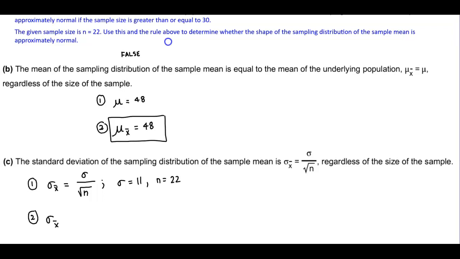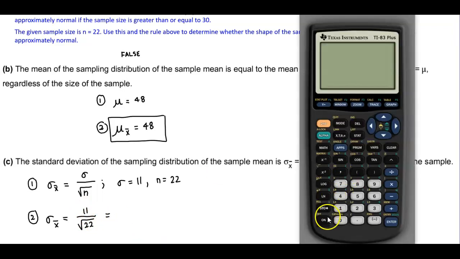So to find the standard deviation of the sample mean, we're going to take the population standard deviation and divide that by the square root of the sample size. So therefore, this is the exact solution. If we wanted to find the answer using the calculator, we would take the value of 11 and divide that by the square root of 22.